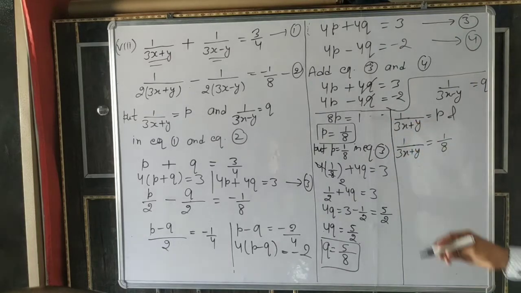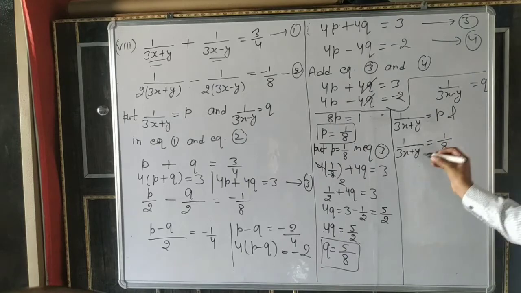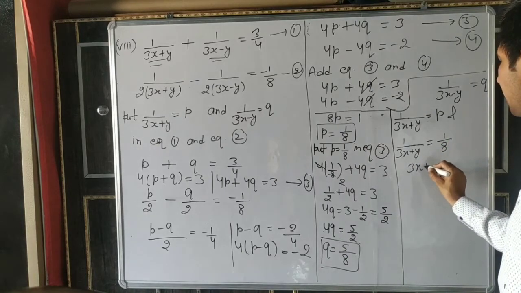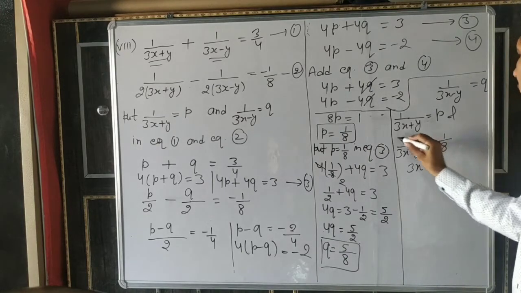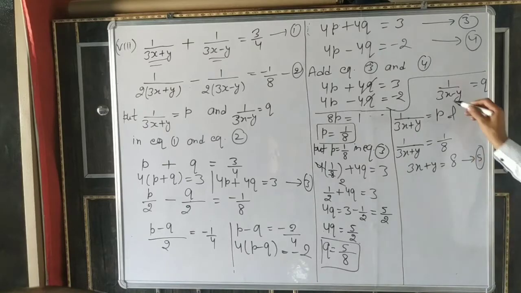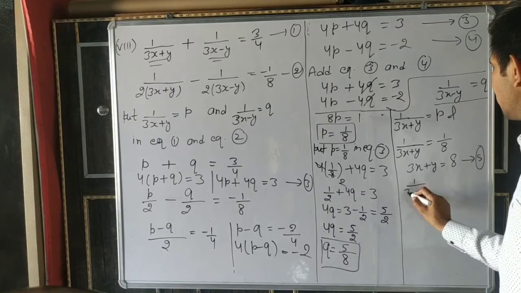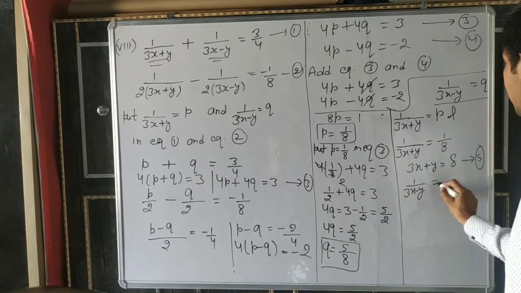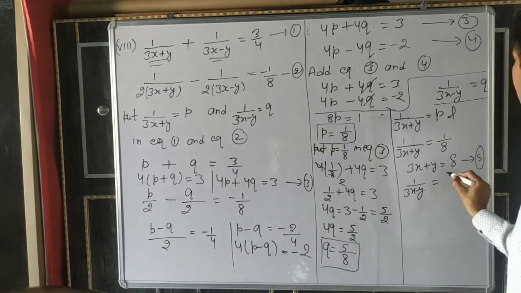So we will multiply 3x plus y into 1. 3x plus y equal to 8 into 1, 8. Equation number 5. Understand this? Same as it is from here, we will put the value of Q. 1 upon 3x minus y, Q value 5 by 8.